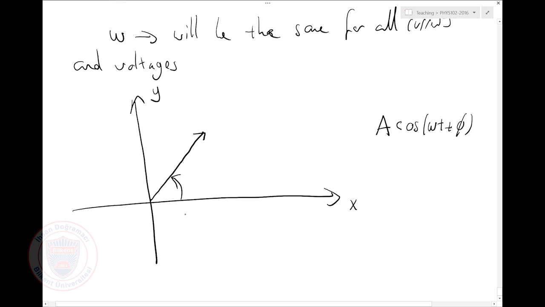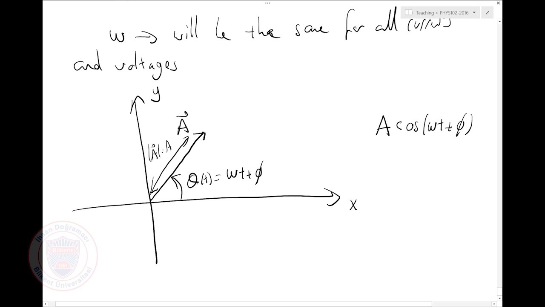Here we're going to think of this vector as rotating constantly with frequency omega. So my theta will change as a function of time as omega t plus phi, and the length of this vector, its magnitude, will be just A.